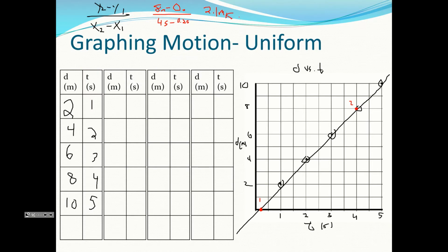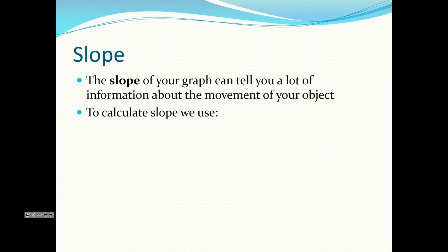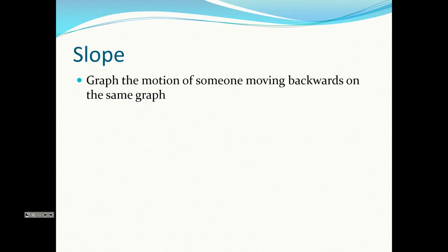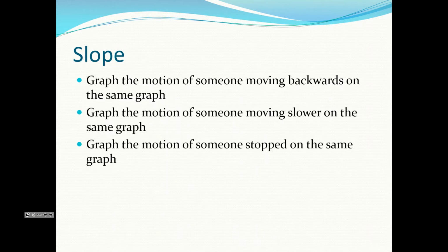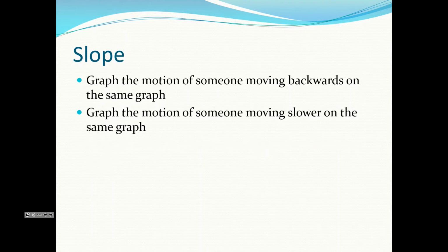Okay, probably with a ruler we'd get right on 2 meters per second, and we can see we have meters up top, seconds down below, so we get units of meters per second. So our slope determines our speed. Okay, so now what we're going to do is do the same graph, but with the moving man moving backwards, and then we'll have him move slower, and then we'll have him stop to see what all those look like.